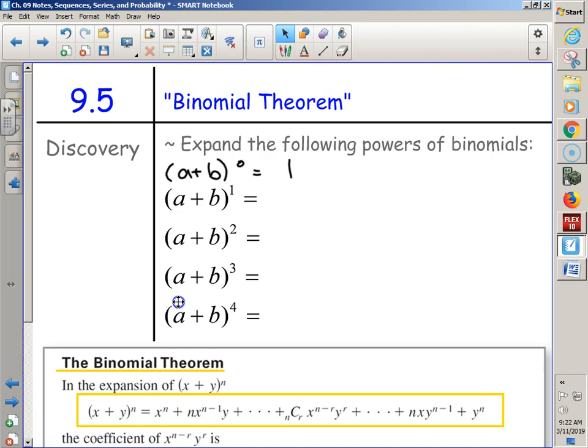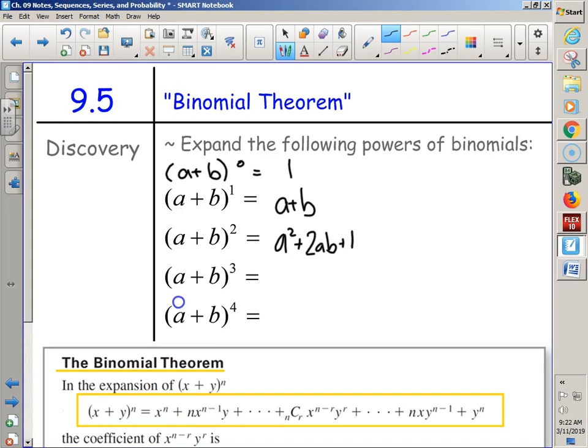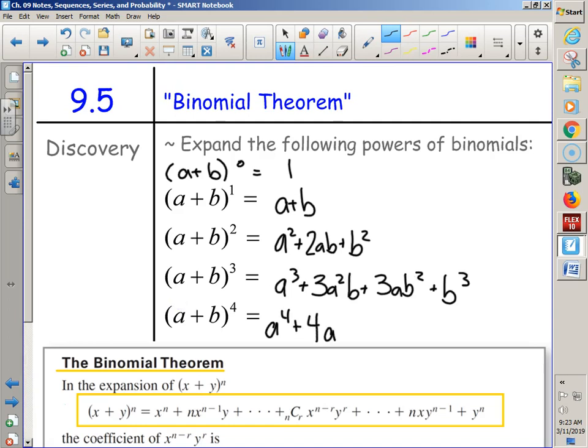So here's a question. As I write the findings over here, in our actual notes, we have a plus b, a squared plus 2ab plus b squared, a cubed plus 3a squared b plus 3ab squared plus b cubed, a to the 4th plus 4a cubed b plus 6a squared b squared plus 4ab cubed plus b to the 4th.